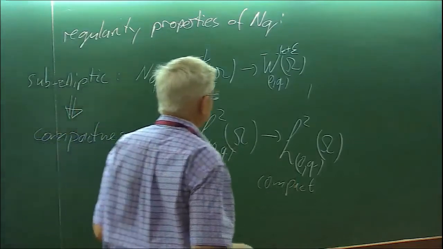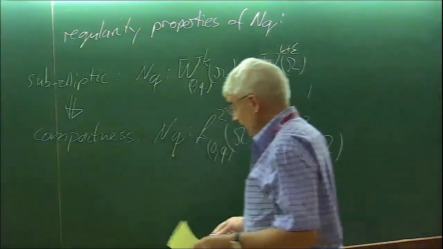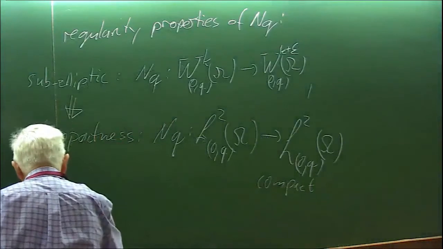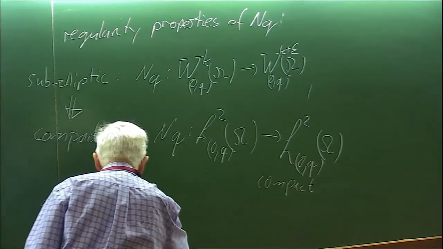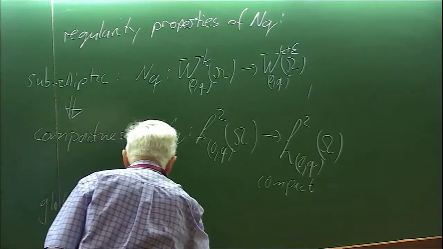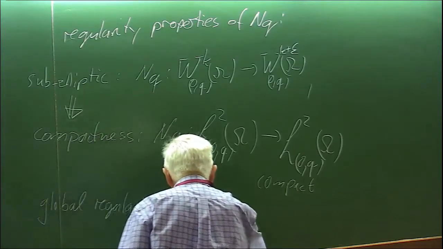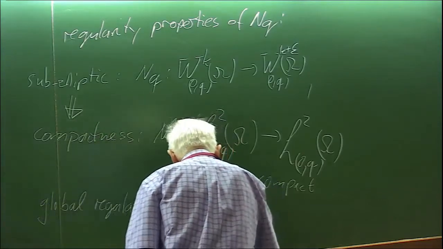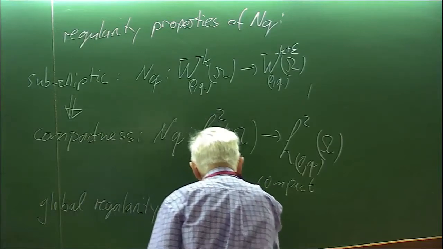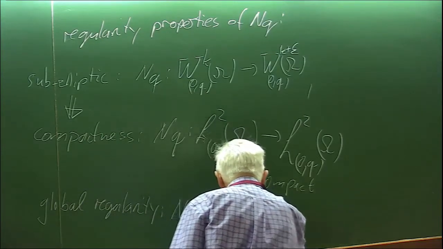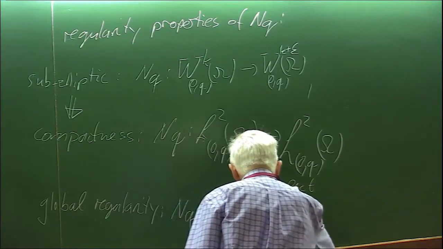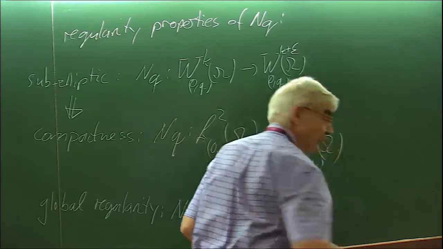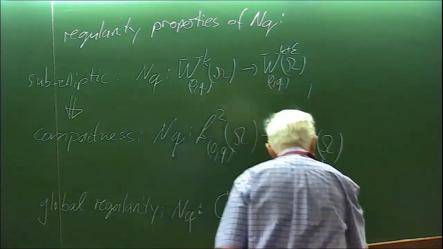The next is just sort of the weakest, global regularity. N_Q maps forms that are smooth up to the boundary, to forms that are smooth up to the boundary.